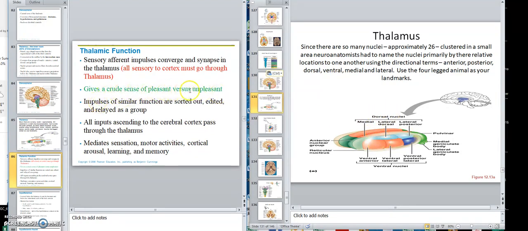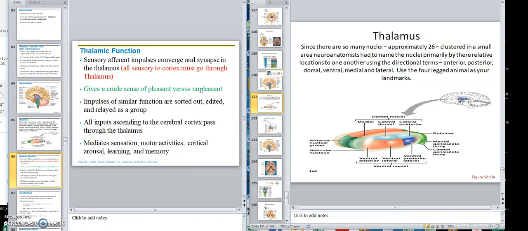It gives a crude sense of pleasant versus unpleasant. So the spinothalamic tract would send the signal to the thalamus. The thalamus would say, oh, it hurts, or oh, this feels good. But it wouldn't give detail. Then it would send the signal to the primary somatosensory cortex. Remember that? Then the primary somatosensory cortex would say, where is this good feeling, or where is this pain?